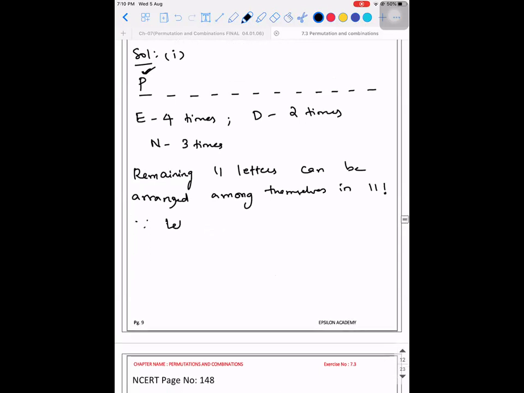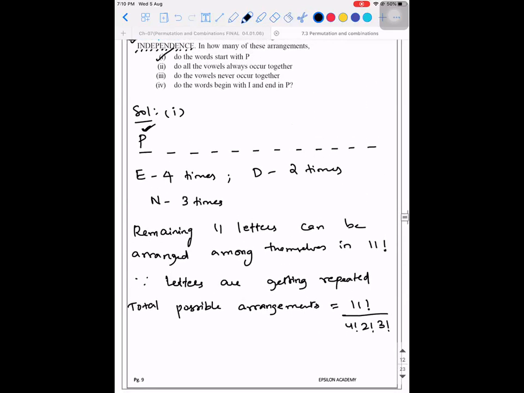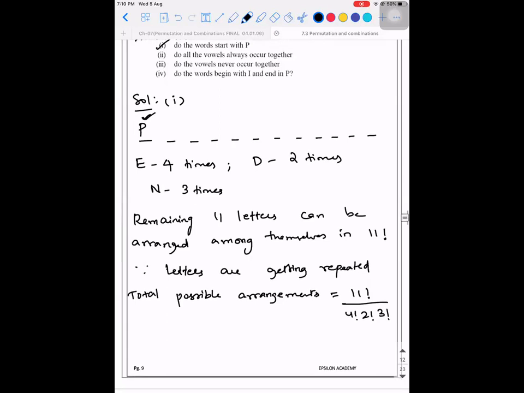Since letters are getting repeated, total possible arrangements would be 11 factorial divided by 4 factorial into 2 factorial into 3 factorial. You understood why it is so? So this is the answer for the first part of the question. So make a note of it.